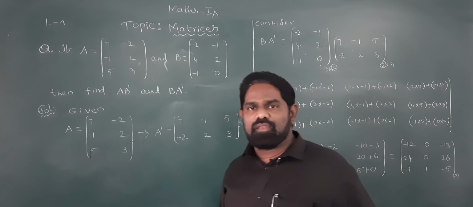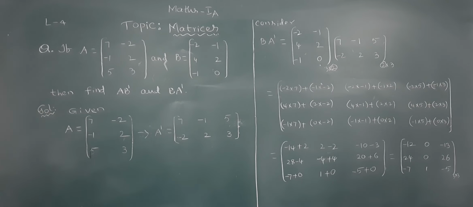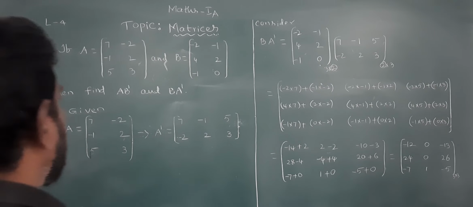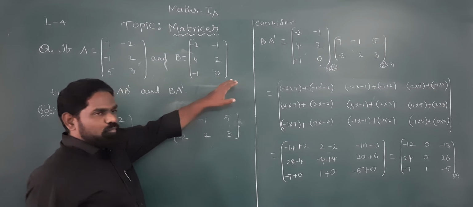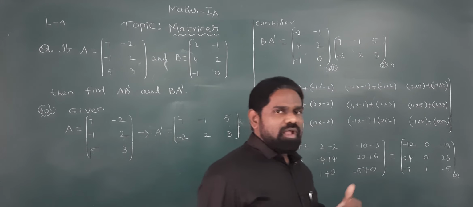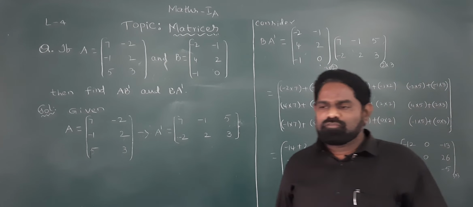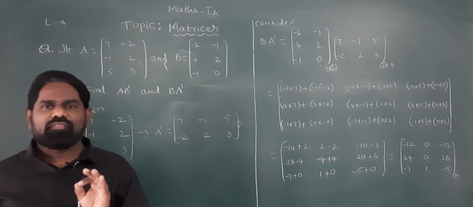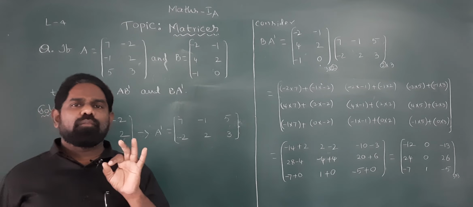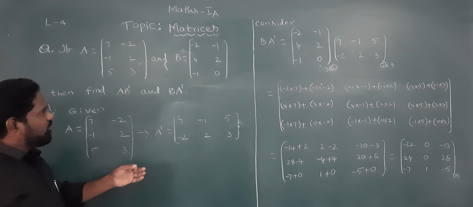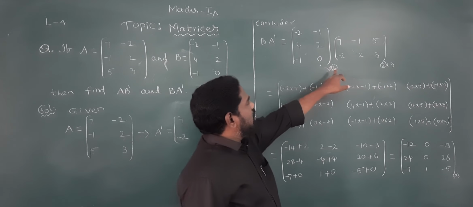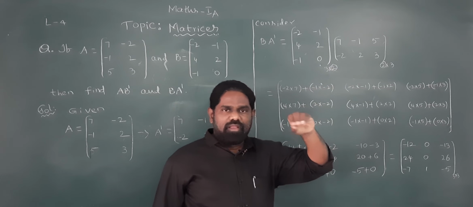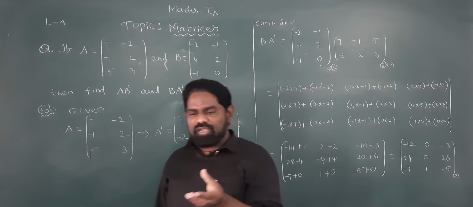Understand? We can multiply matrices in different ways like this. Whatever it may be, either a transpose with a general matrix, or a matrix with another transposed matrix, the condition is the same. Suppose we are multiplying B into A transpose.